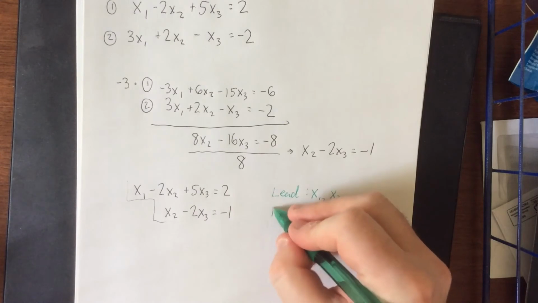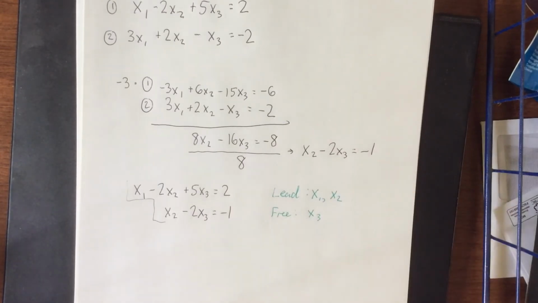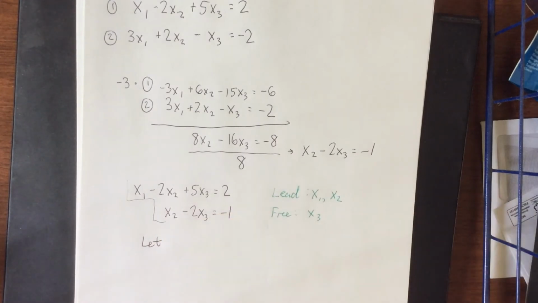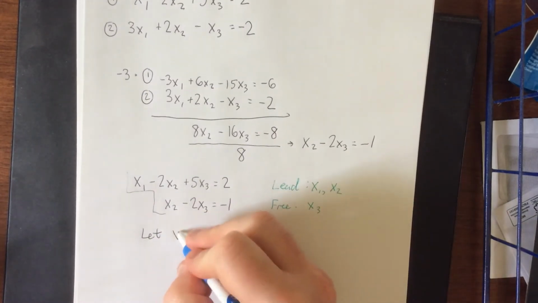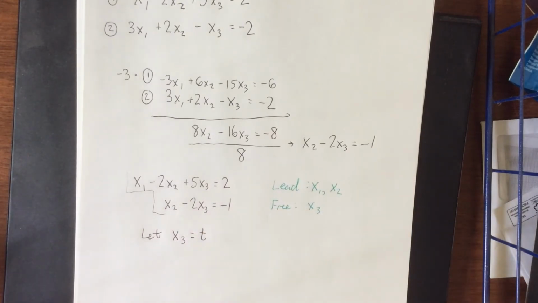This also means that x3 will be our free variable. As such, we will let x3 be equal to a parameter. We'll call it t.